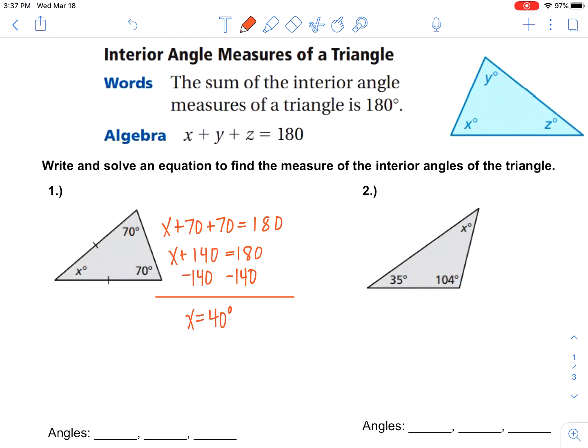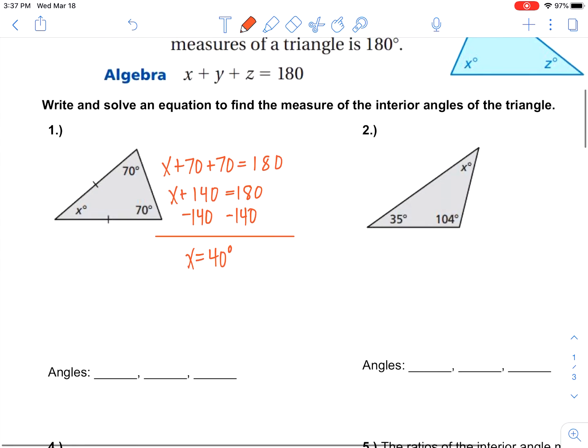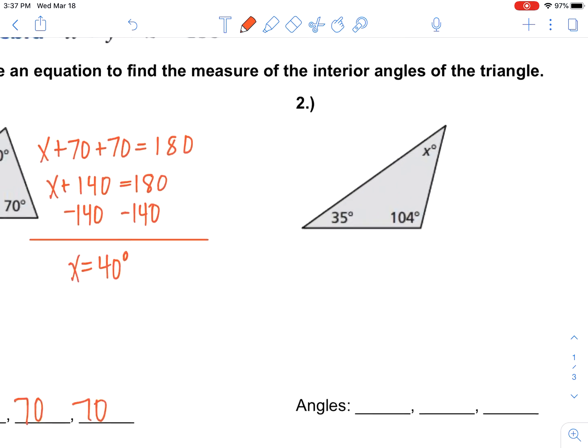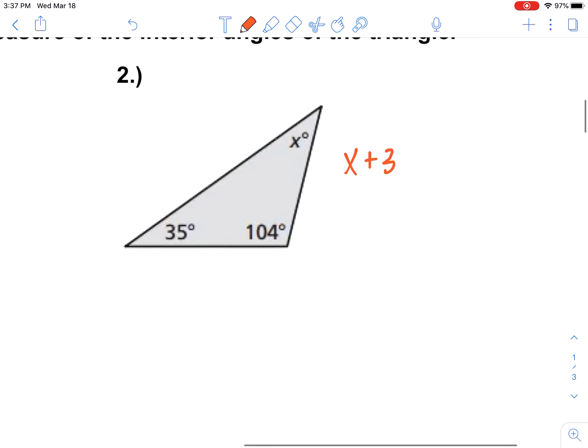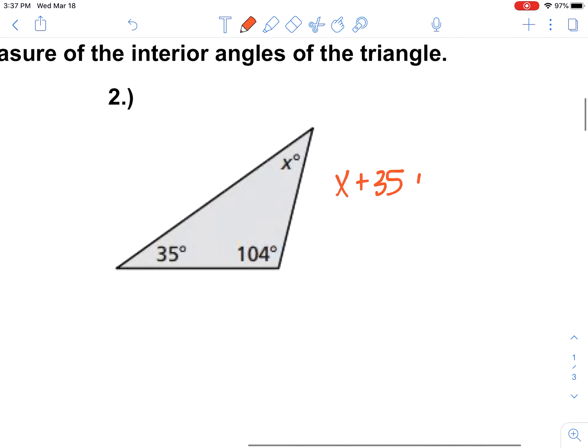Same thing with number 2. Oh, we're going to put all these angles in. So when you do this, you're going to put all the angles, 40, 70, and 70 obviously should equal 180. Going over to example number 2, we have x plus 35 plus 104, all set equal to 180.